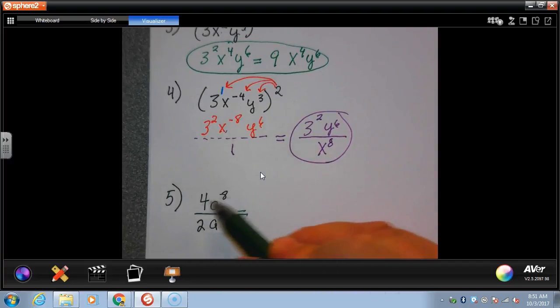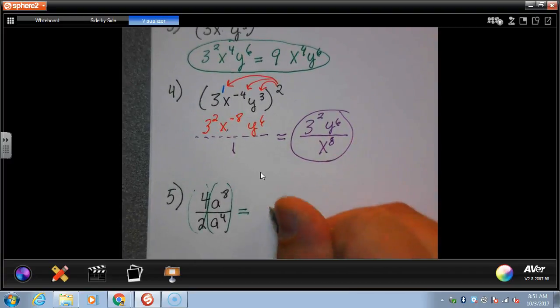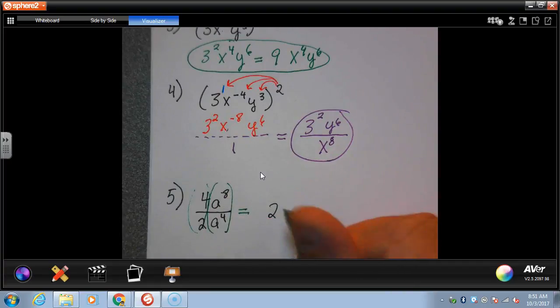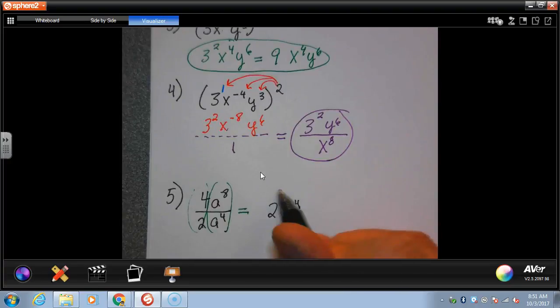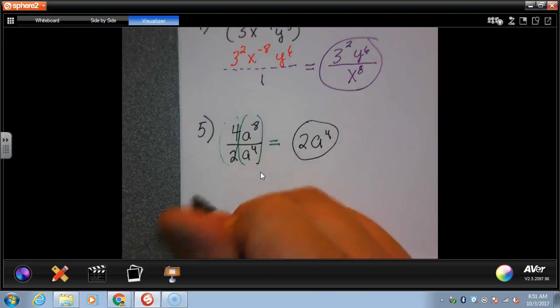Good. You could also group these together. Guys, quiet down. 4 divided by 2 is 2. A to the 8th minus 4 is a to the 4th. I have no negative exponents. I'm done. Questions? Good.